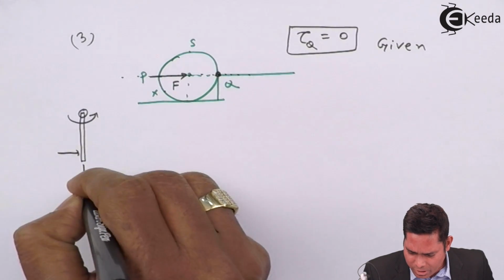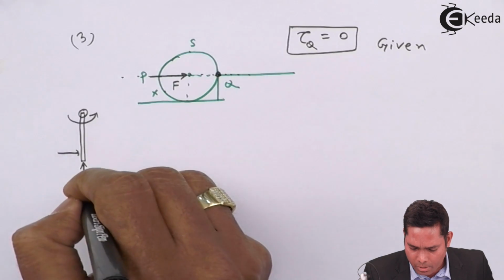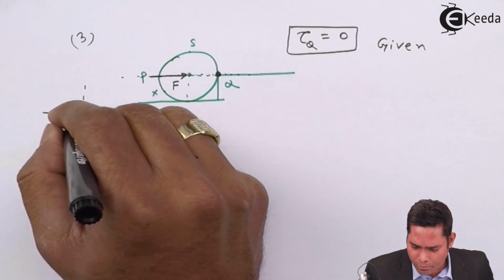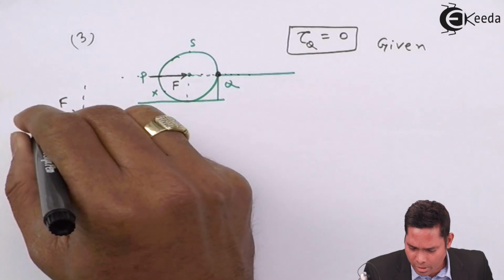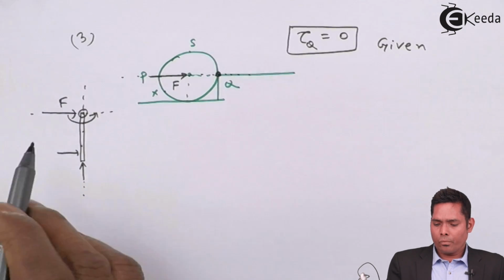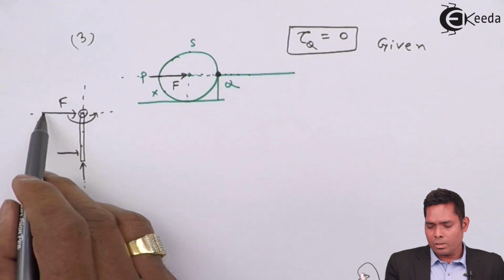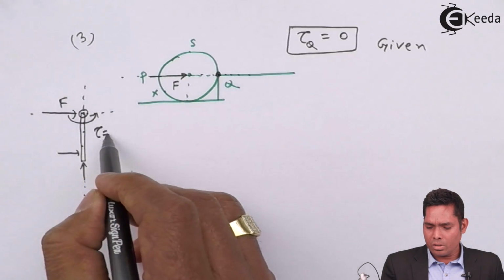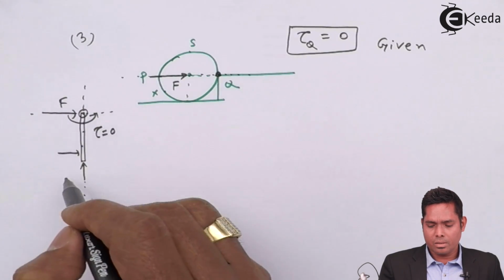But if I apply force in this direction, this will not rotate, because this line of action of the force is passing through the point of rotation. If I apply force in this direction, then also it will not rotate, because it's passing through the point of rotation. When the line of action of force passes through the point of rotation, it will not rotate. So torque in this situation is 0 for this case and this case.